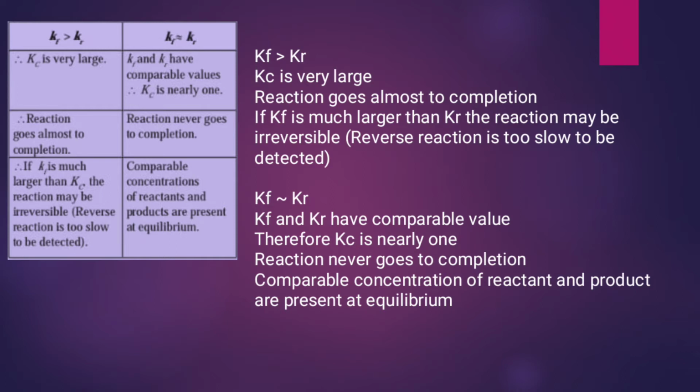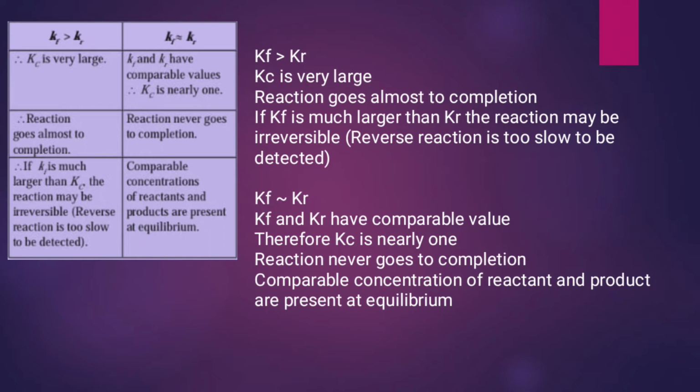So we know Kc equals Kf upon Kr, that is, if the numerator Kf is more, then the equilibrium constant is more and the reaction will be in the forward direction. Therefore Kc is very large, and therefore the reaction goes almost to completion.